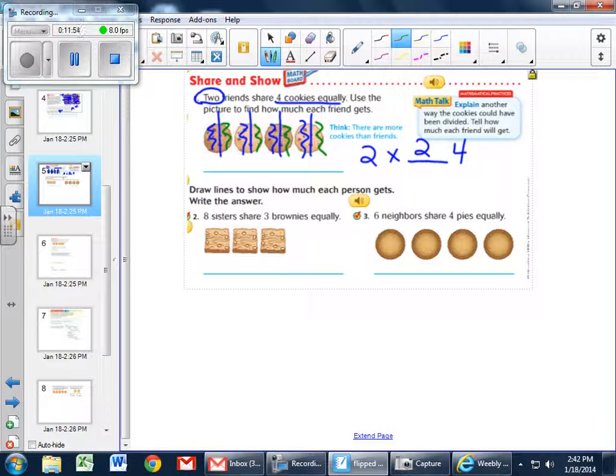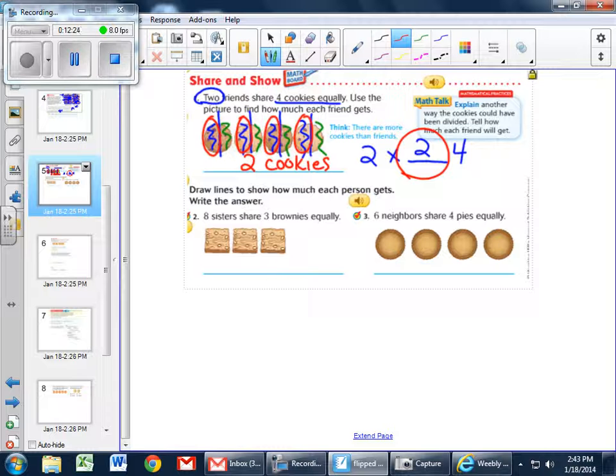If you put this piece and this piece together, you end up with a whole. And this piece together, you end up with a whole. So 2 wholes, you would still get your answer 2. Okay? So each cookie could have been divided into halves. 4 halves equal 2 whole cookies. So your answer is going to be 2 cookies.